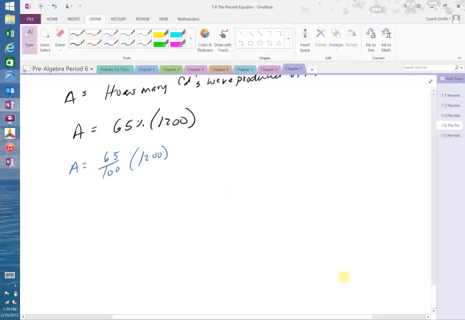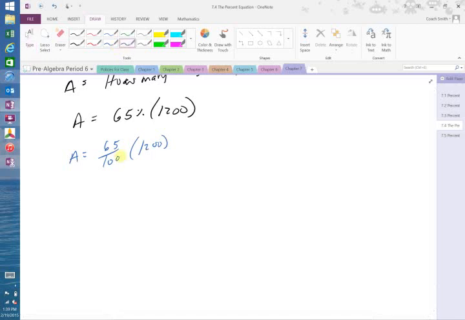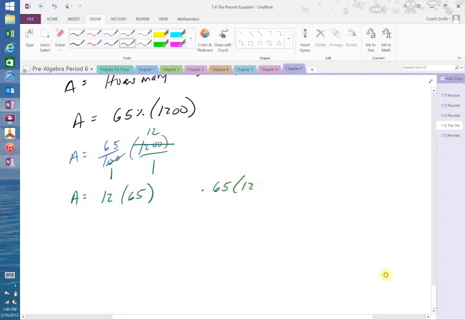Because then all you have to do is cross cancel. 100 goes into 100 once. 100 goes into 1,200 12 times. That's over 1. And so now you just take 12 times 65. The other way is 0.65 times 1,200.